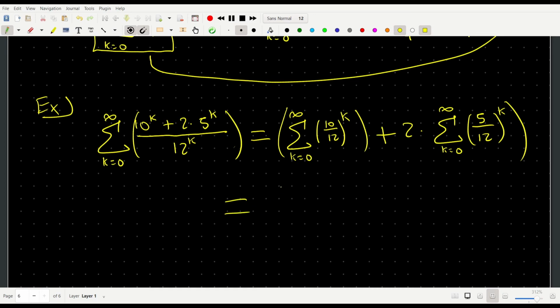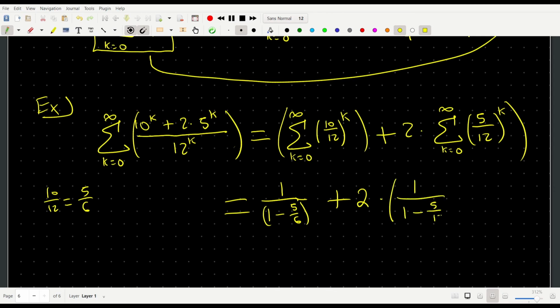So this is going to converge to 1 over 1 minus 10 over 12. 10 over 12 is the same thing as 5 over 6. So it's 1 over 1 minus 5 over 6, plus 2 times 1 over 1 minus 5 over 12.